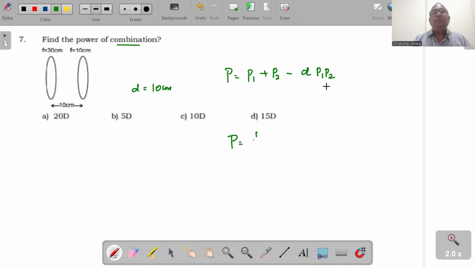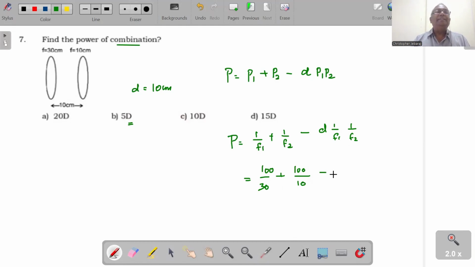P equal to 1 by F1 plus 1 by F2 minus D into 1 by F1 into 1 by F2. Everything is given in centimeter. Actually, diopter means meter to the power of -1, so I'm going to convert everything into meter. 1 by F1 is 100 by 30, taking the 10 to the power of -2 to the numerator. Similarly, 100 by 10 for the second lens with focal length 10 centimeter.